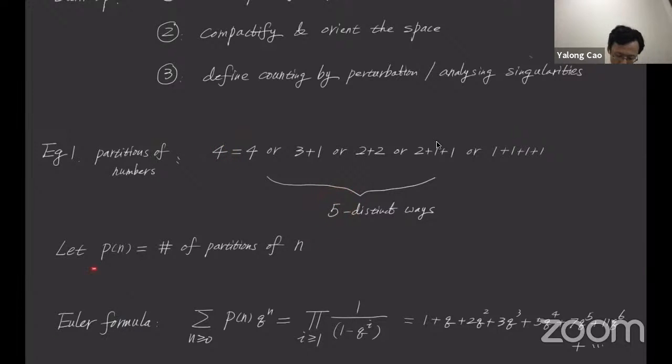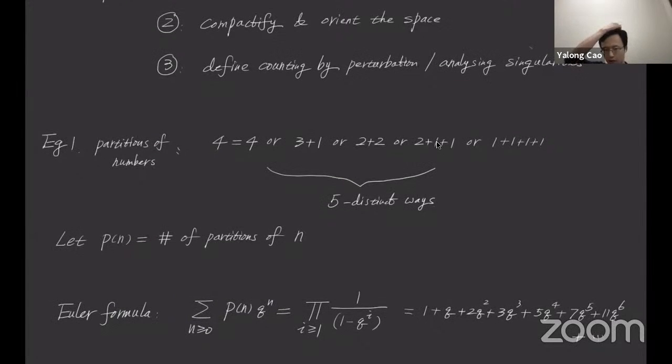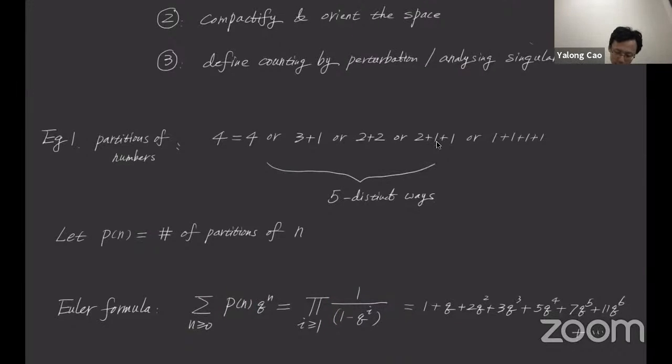So in general, we denote Pn to be the number of partitions of a positive integer n. Then there's a famous formula called the Euler formula, which gives the generating series of this counting of partitions, where the right-hand side is a product formula over all positive i. The way we read off this Pn is by gradually expanding this right-hand side and then considering this expansion.